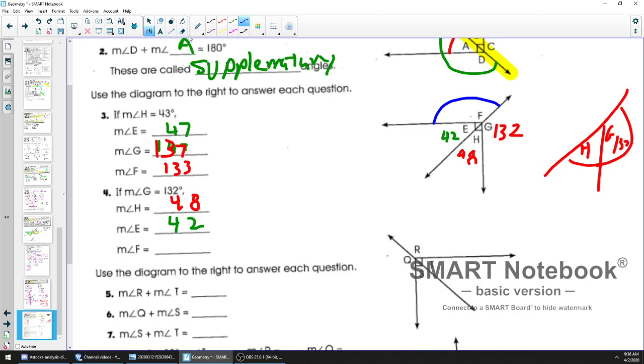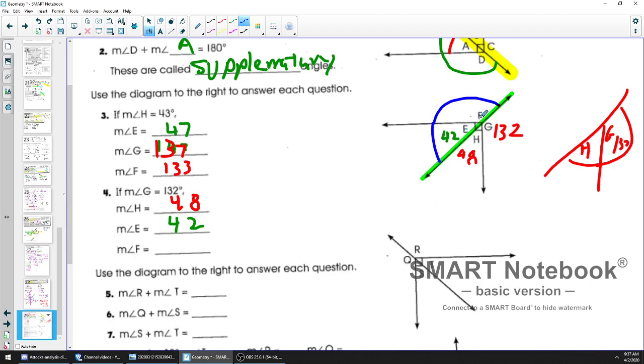So I have to look for a line. If you said you saw this straight line, you were correct. So this blue part and this angle will give me a straight line.